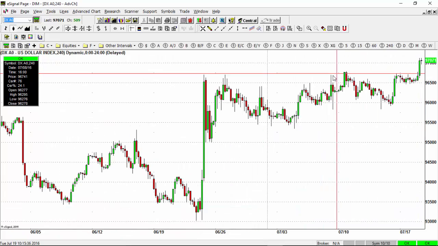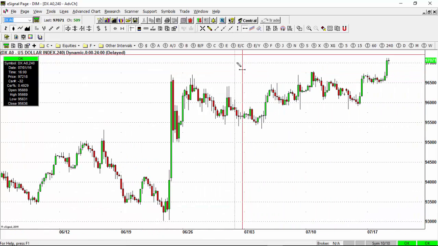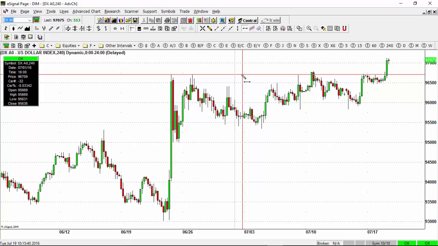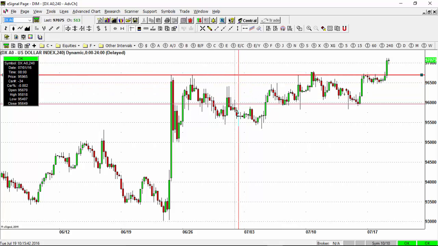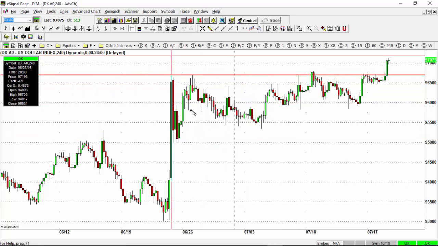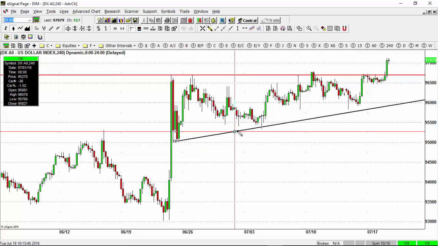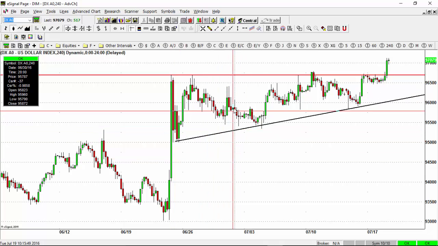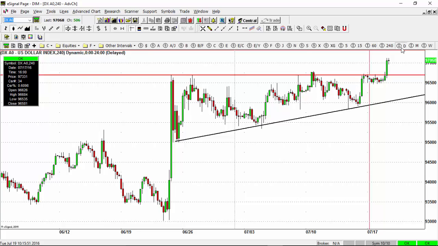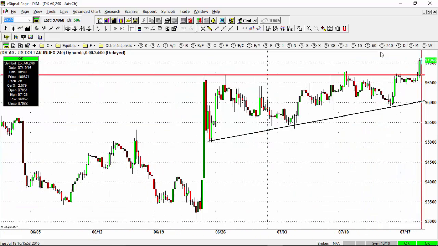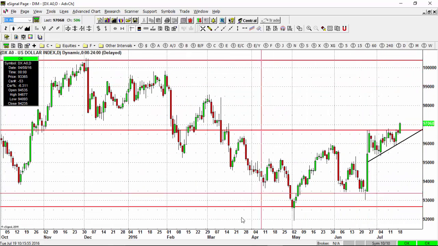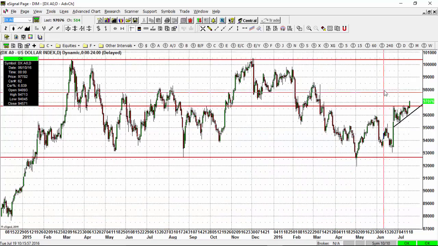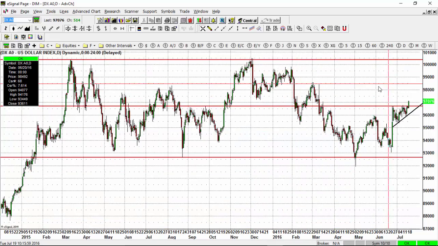If we go down to the 4-hour chart, we see the market roughly in a triangular situation, similar setup with the euro. And what we are doing now is breaking above this triangle.